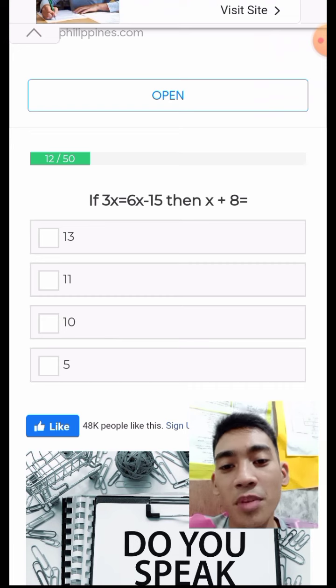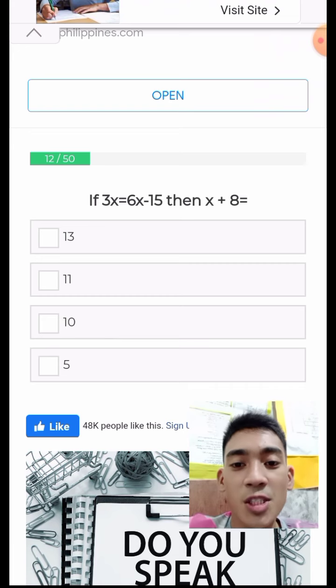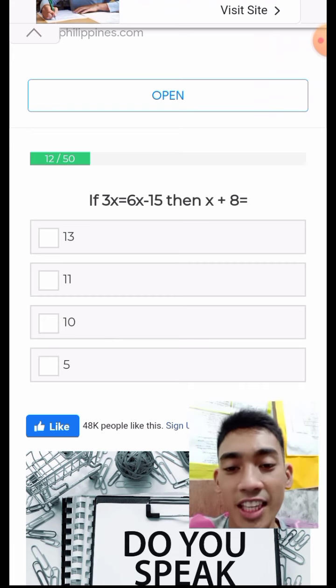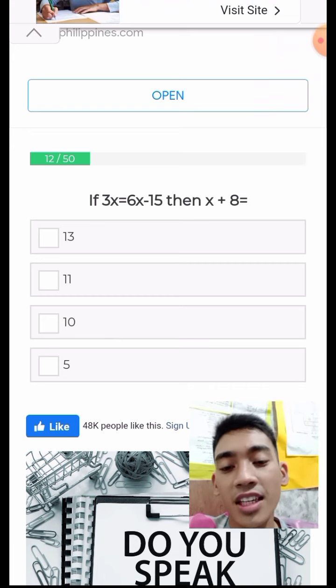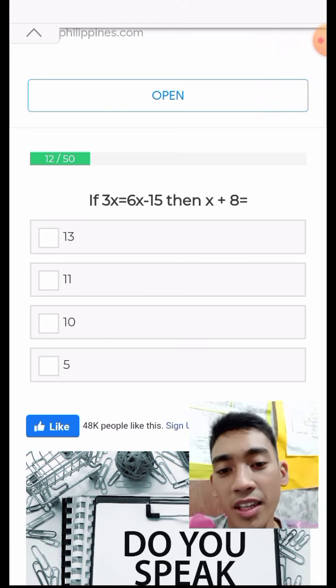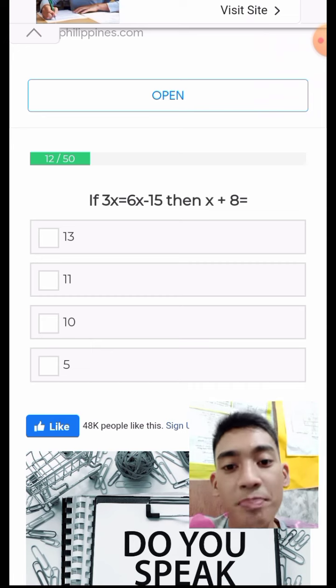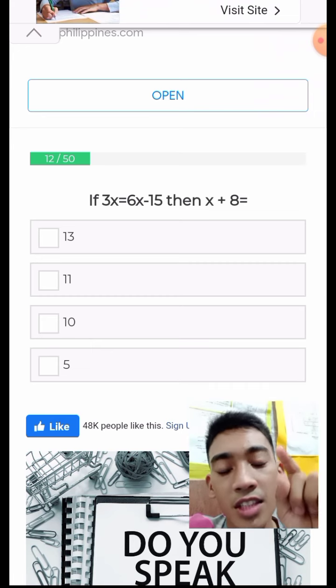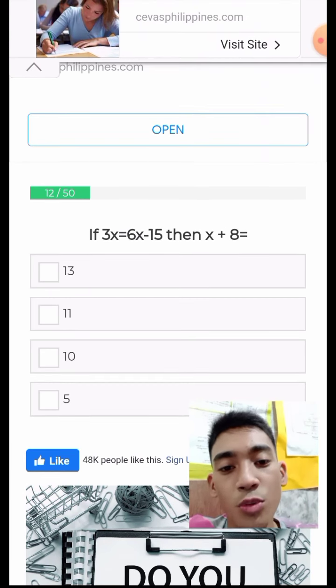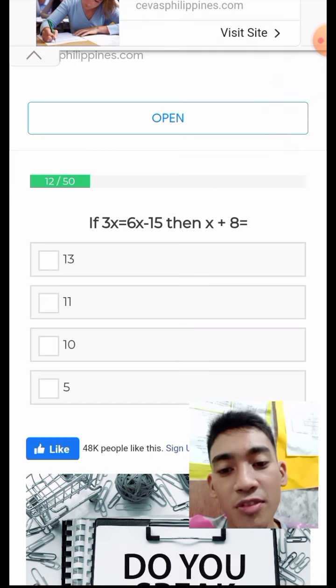Negative 6x plus 3x will give us negative 3x. Divide both sides by negative 3. Negative 15 divided by negative 3 will give us positive 5. So therefore, our x is 5. Substitute the 5 into x here. So 5 plus 8 will give us 13.